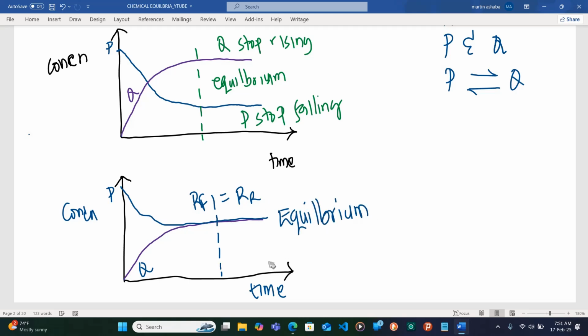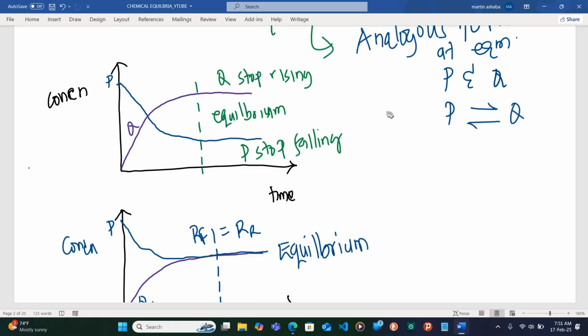So equilibrium has been attained, and the concentrations of P and Q are not changing. Before that, the reaction is proceeding with time, and the concentration of P is falling, whereas the concentration of Q is rising.